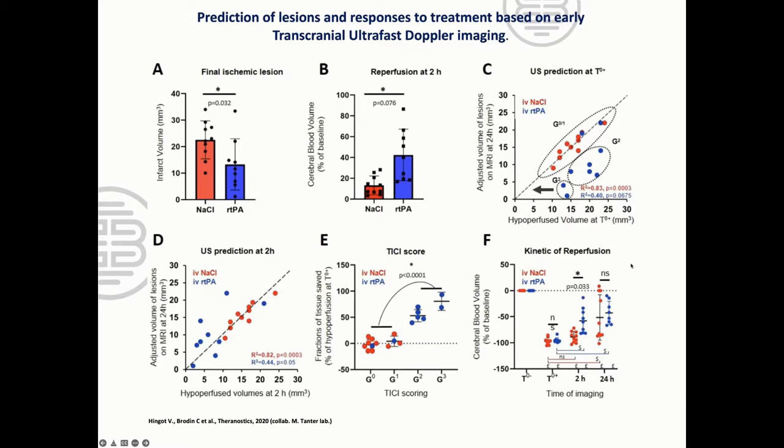So by using fast ultrasound imaging, we can address different important issues for ischemic stroke, including prediction of response to treatment, efficacy of recanalization, efficacy of reperfusion, and this very early after stroke onset, which is not possible with current imaging modalities at the hospital, especially CT scan and MRI.